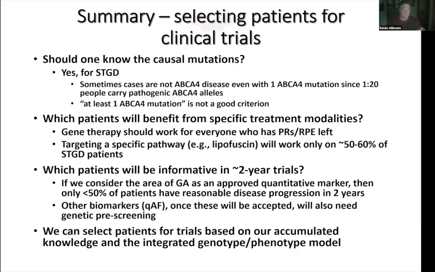So, last slide. Do you need to know that you have Stargardt? Yeah, you do. If you are enrolling in a clinical trial, or if you are looking for a treatment once they are approved, of course, you have to know that you really have Stargardt disease, meaning you have to have 2 mutations that are on 2 different chromosomes.